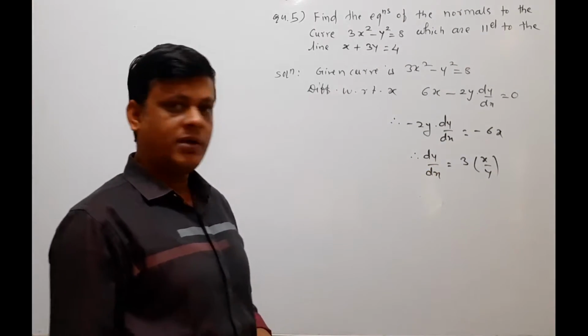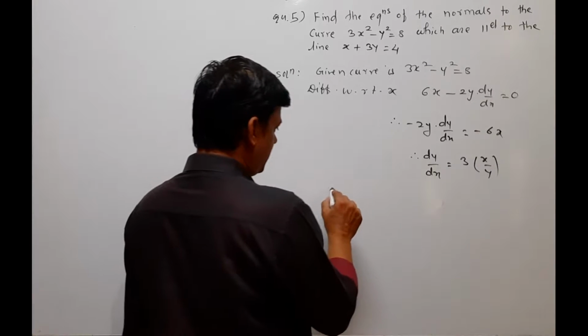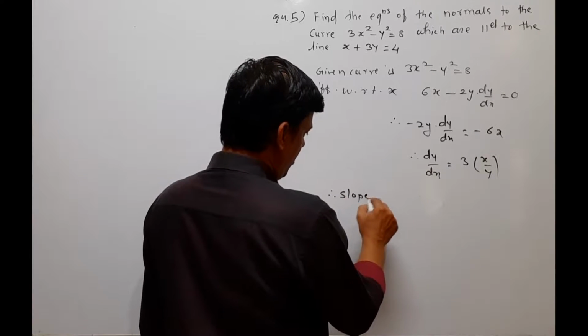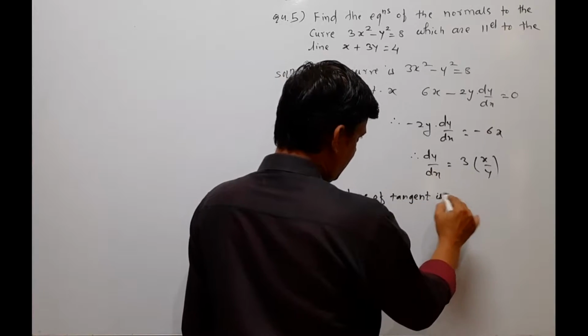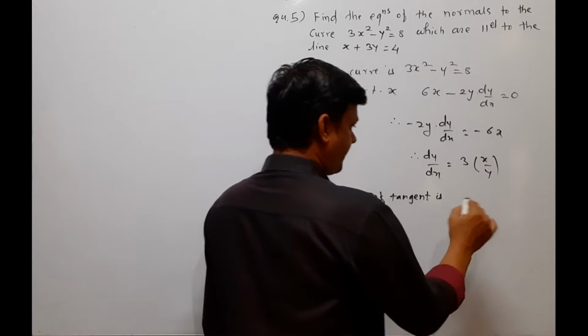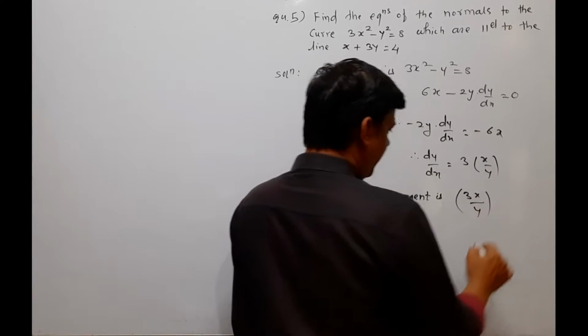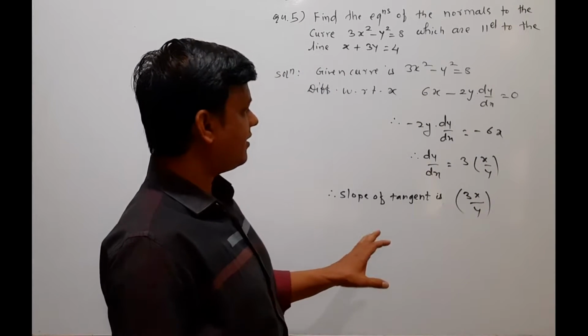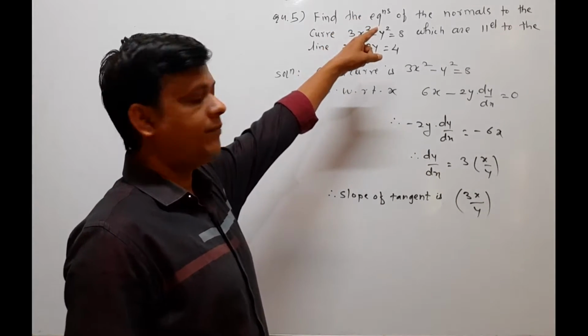This is slope of tangent. So right here, therefore slope of tangent is 3x by y.